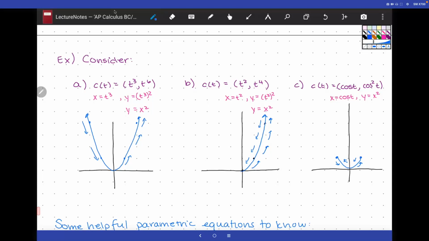As soon as you square it, it's going to become a very large positive number. And as t increases from a very large negative number to 0, when you square t, it's going to be a very large number, but it's going to get smaller as the magnitude of it gets closer to 0. And then it keeps going.